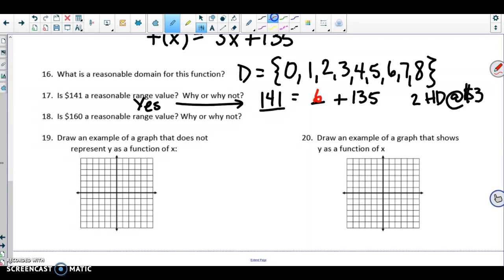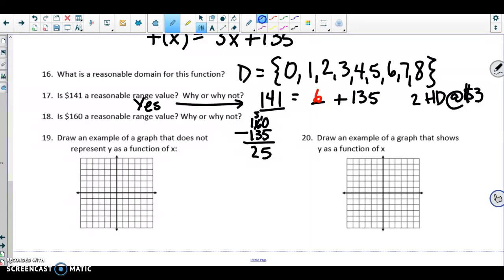Is $160 a reasonable range value? Why or why not? Well, $160, if I take the 135 away from 160, so 160 minus 135, that tells me I have to earn $25 by selling hot dogs.